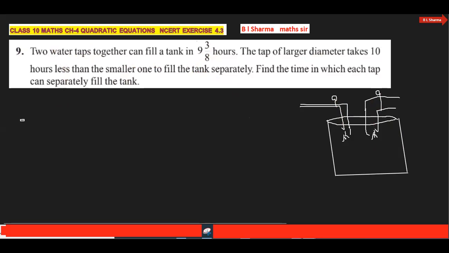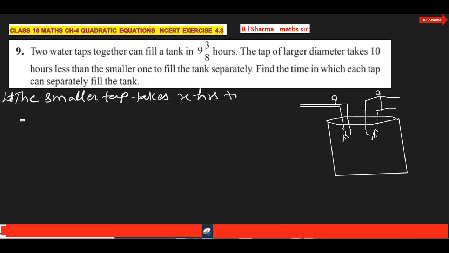So first of all we write: the smaller tap takes x hours to fill the tank.